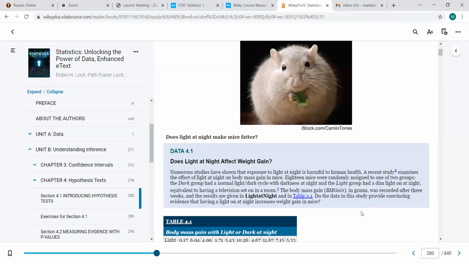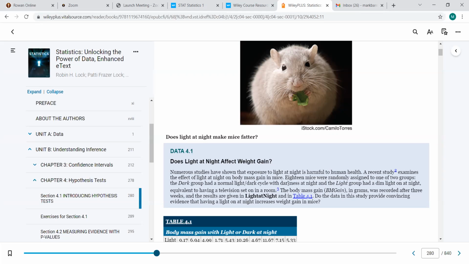Let's read through this and then show you basically the type of hypotheses that would be set up for this. It says here that numerous studies have shown that exposure to light at night is harmful to human health. So basically, a study was done looking at the effect of light at nighttime on body mass gain in mice.